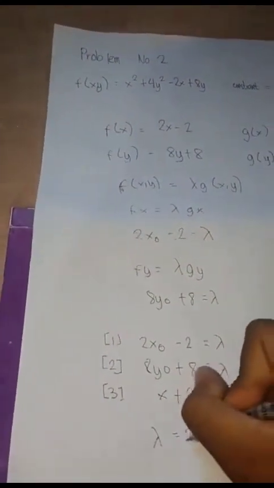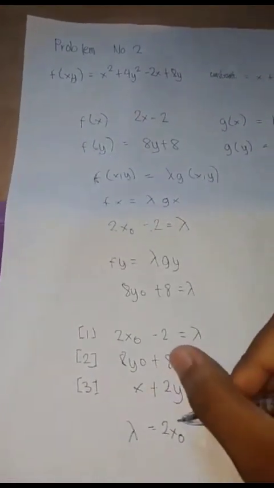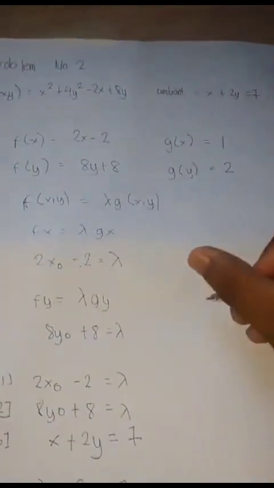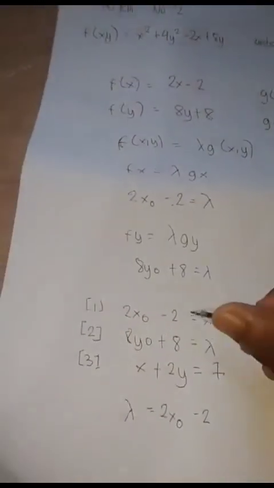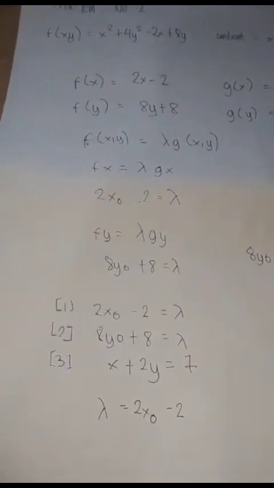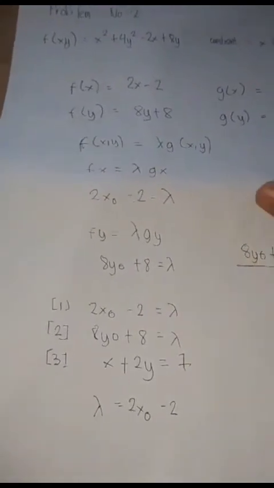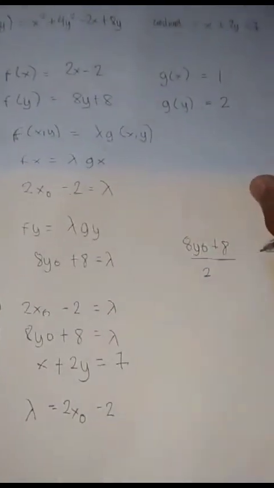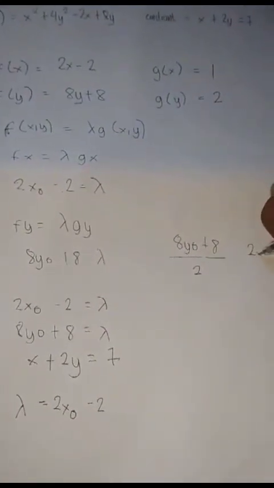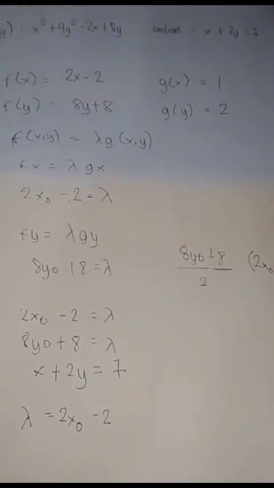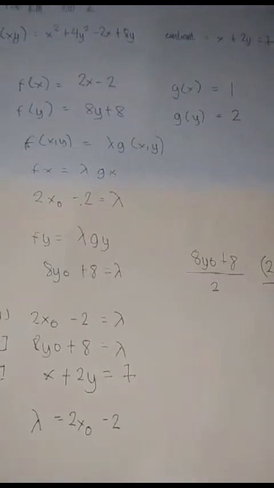Now we are going to substitute equation 2 into equation 1. Our second equation is 8y sub 0 plus 8 divided by 2, and our equation 1 is 2x sub 0 minus 2 divided by 2.